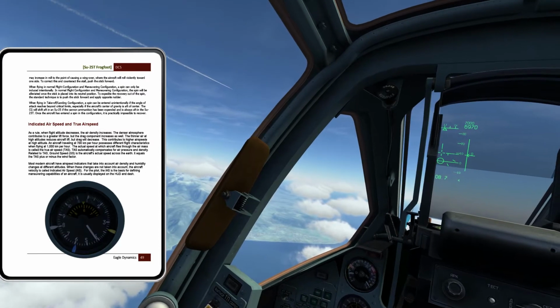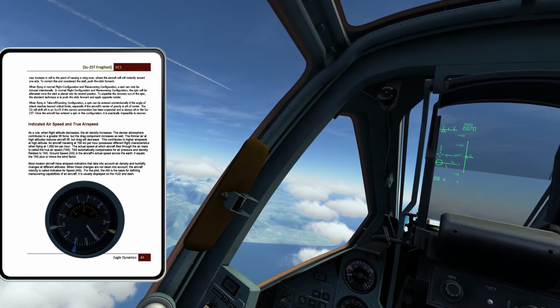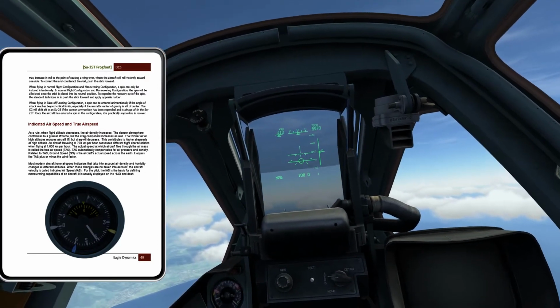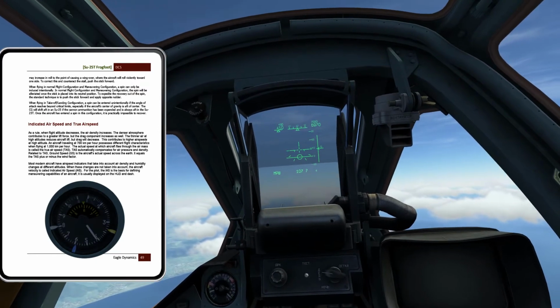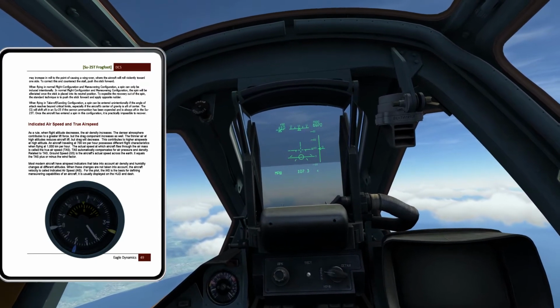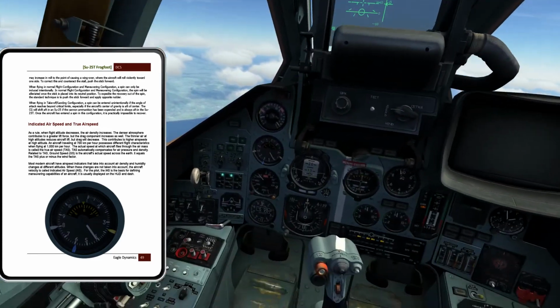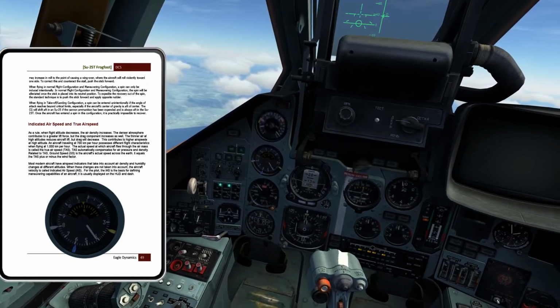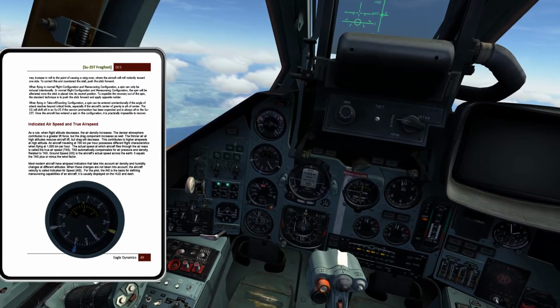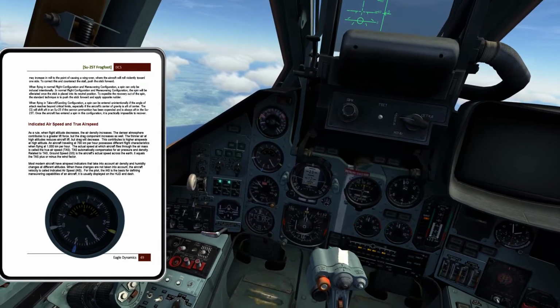It is usually displayed on the HUD and on the dash. So as you can see, our IAS is 410 kilometers per hour, as shown on the HUD and on the outer perimeter of the airspeed indicator.